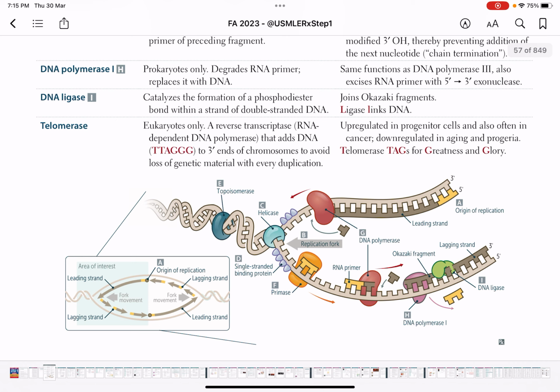Next is telomerase, which is found in eukaryotes only, a reverse transcriptase that adds DNA to the 3' end of the chromosomes to avoid the loss of genetic material with every duplication. Upregulated in progenitor cells and often in cancer, downregulated in aging and progeria. Telomerase TAG stands for glory and greatness.